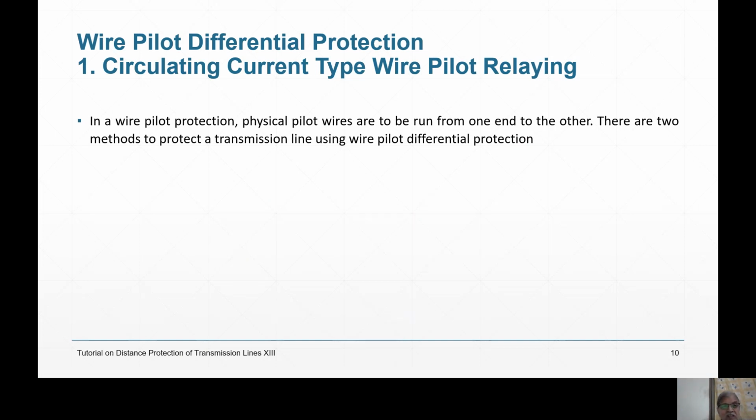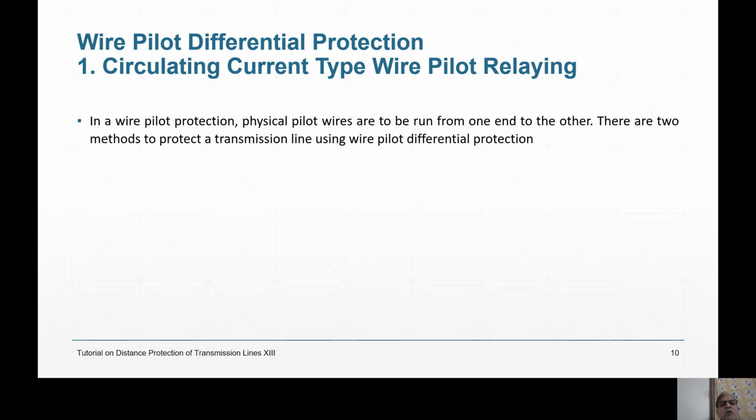Try to understand that when we talk of carrier, it is not because these 100-kilometer long wires are costly. 100 kilometers of wires are not at all costly. Carrier is much costlier. But why we are using carrier, we'll discuss afterwards. Right now, let us see what wire pilot differential protection is.